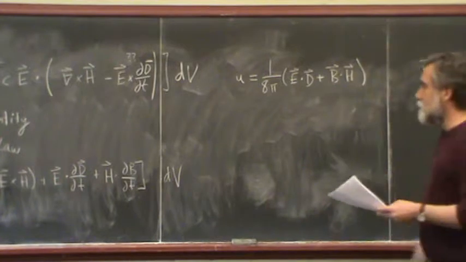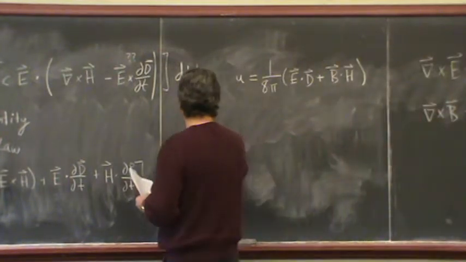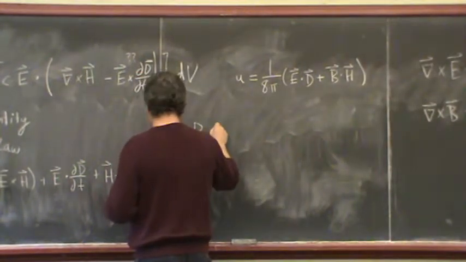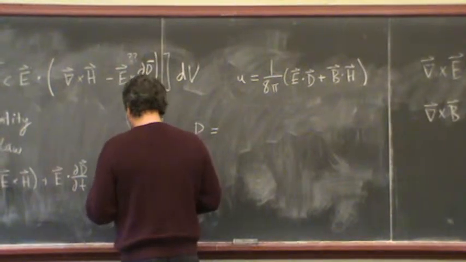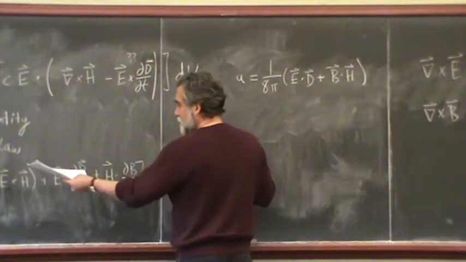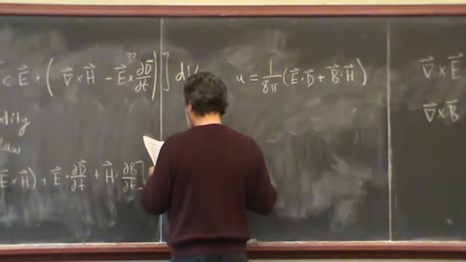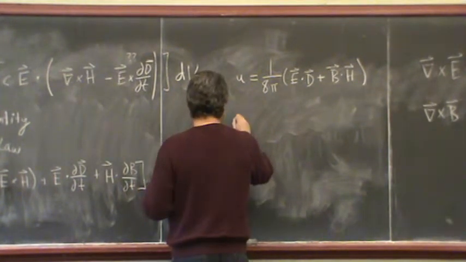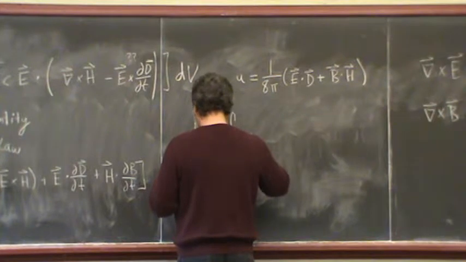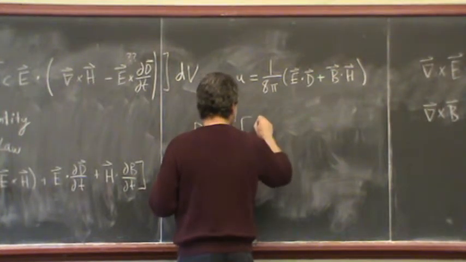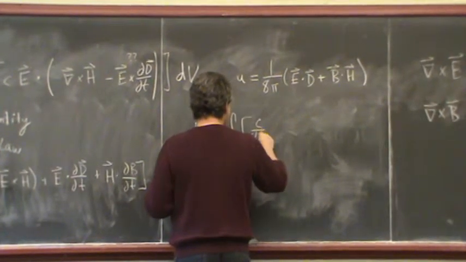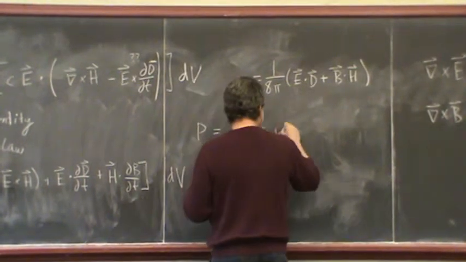So the power becomes J dot E dV. It ends up looking like this. The integral over the volume of this, I'm pretty sure about because I probably lifted this out of Ohanian.